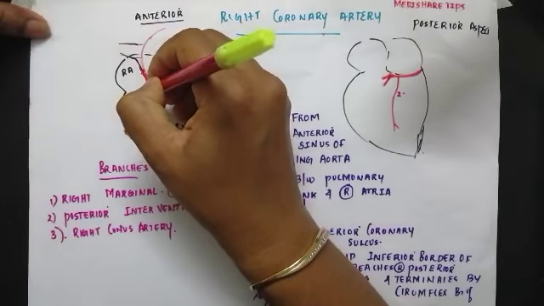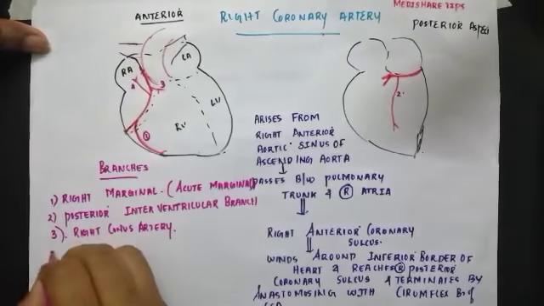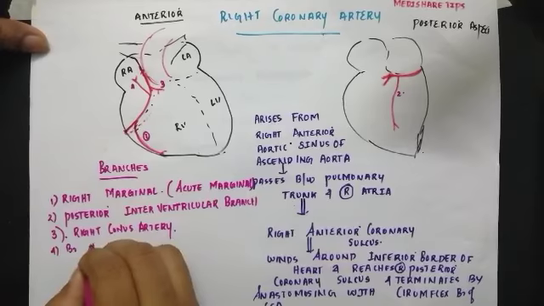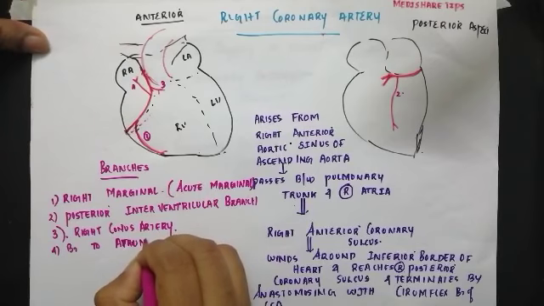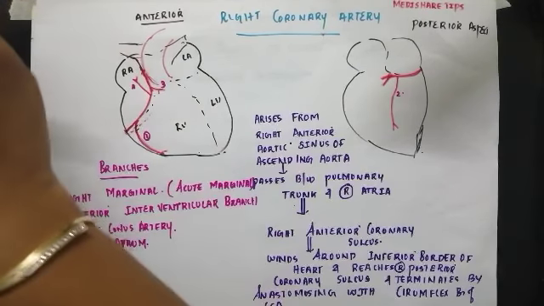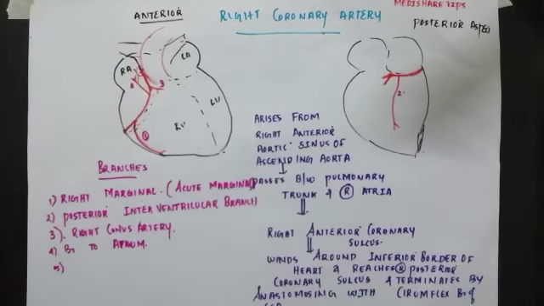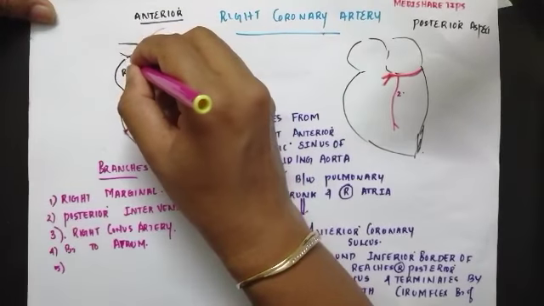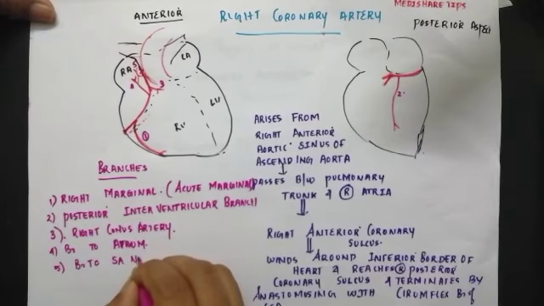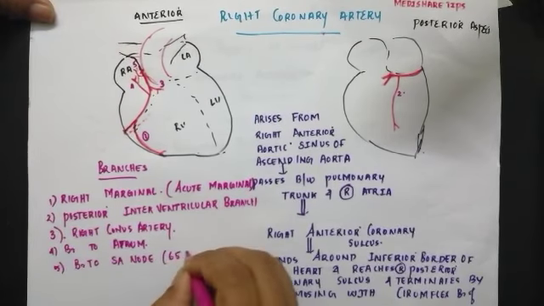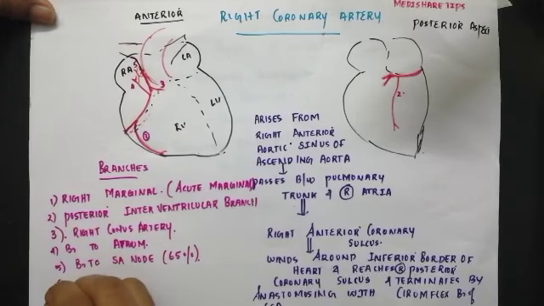These branches are to the right atrium, the atrial branch. Fifth one, there is a branch to the SA node also. In 65% of humans, the SA node is supplied by the right coronary artery.